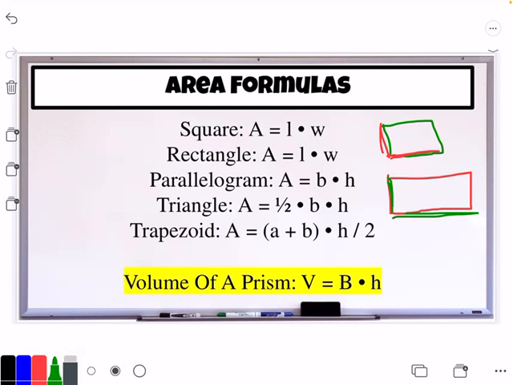For a parallelogram, we have the base times the height. A triangle, I'm going to rewrite this a little differently.